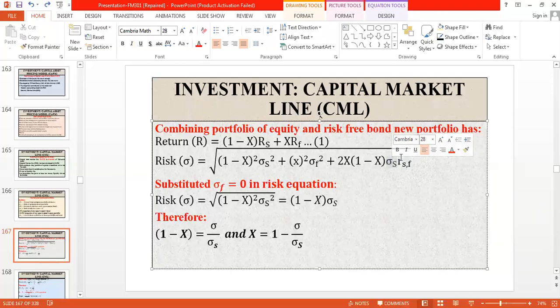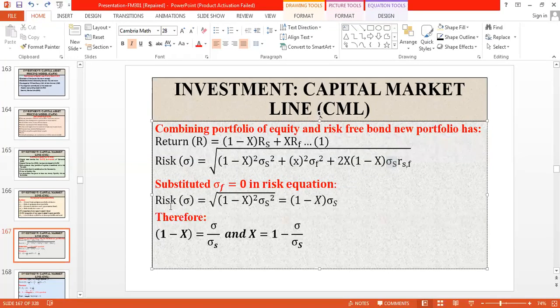So this RSF is now the correlation between S and F, not covariance. So covariance of SF is equal to correlation of SF into sigma S into sigma F. Here you have to write sigma F, and putting sigma F equal to 0, automatically this part will also be 0. So the second and third parts become 0, and only the first part will exist.